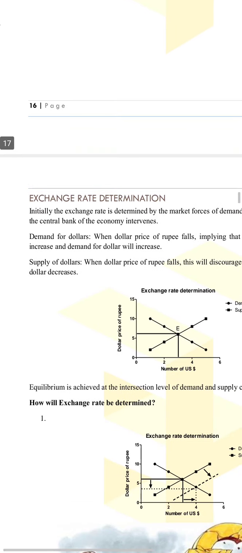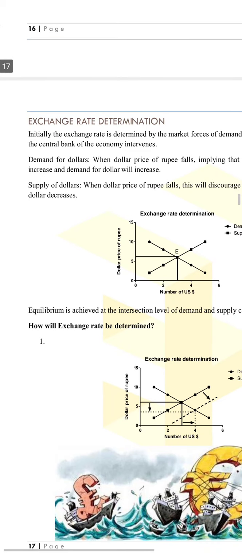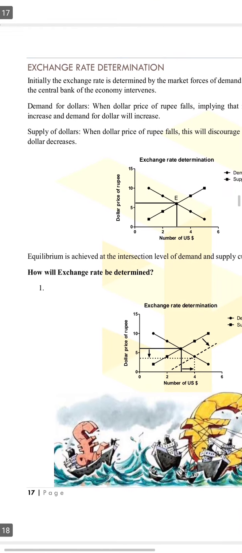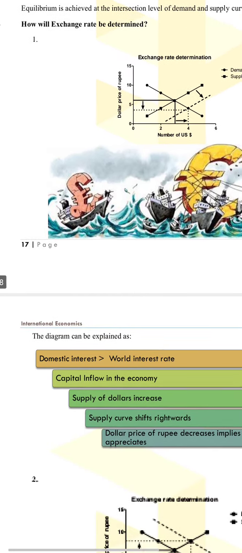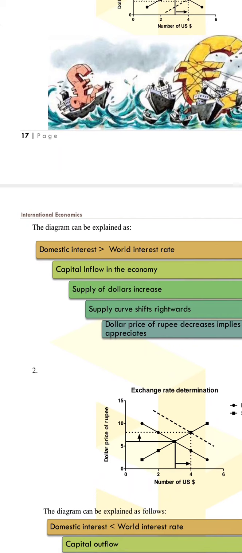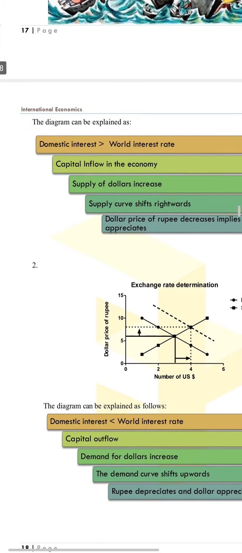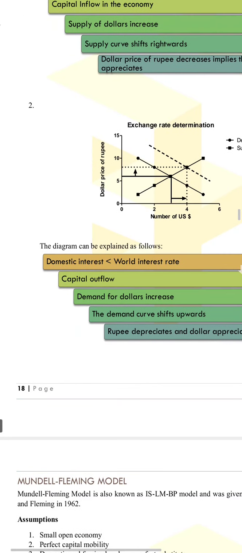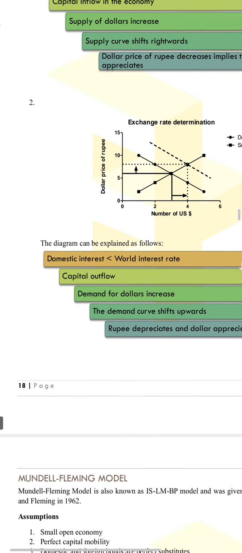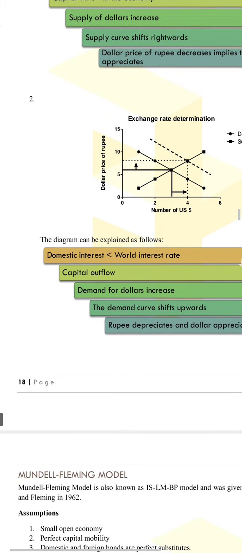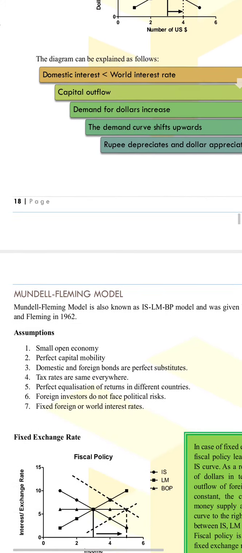Exchange rate determination. How will the exchange rate be determined? The diagram can be explained for when the domestic interest rate is greater than the world interest rate, and the diagram can be explained for when the domestic interest rate is less than the world interest rate.